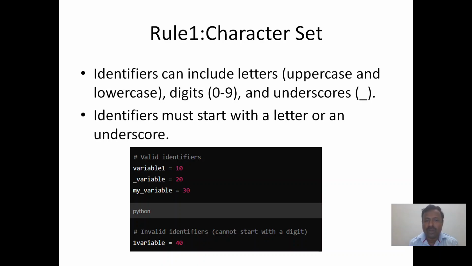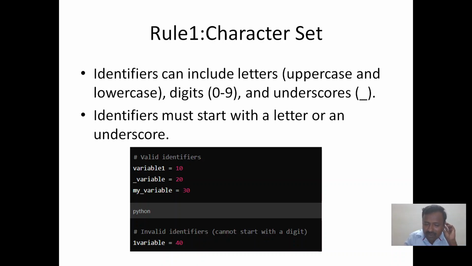So variable1 is a valid identifier. Coming to the next example, the starting letter is underscore. I already told you, the identifier must start with a letter or an underscore. Hence variable1, _variable, my_variable are all valid identifiers.